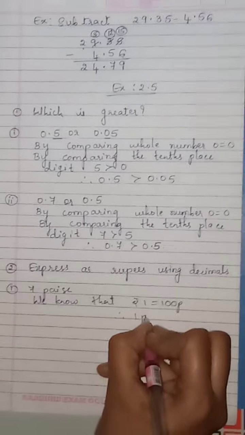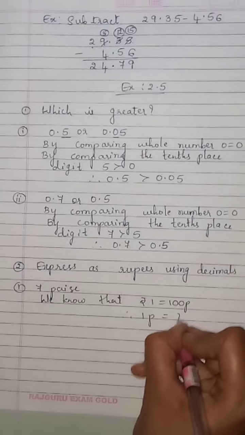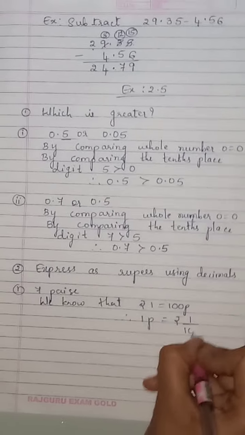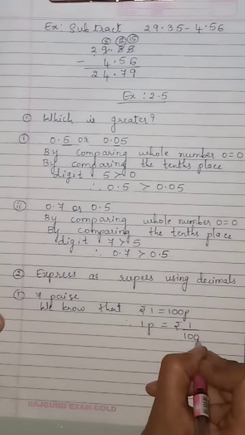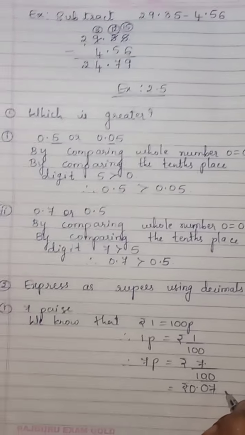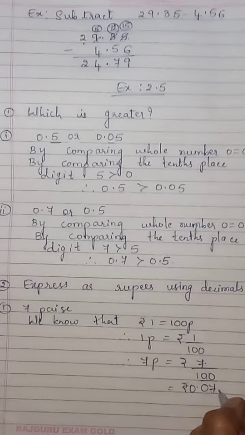Therefore, 1 paise equals rupees 1 by 100. Therefore, 7 paise equals rupees 7 by 100. Express this in decimal. 7, here 2 zeros are there. After 2 digits, already 1 digit is there here. Add one more 0, 0.07. That is rupees 0.07.